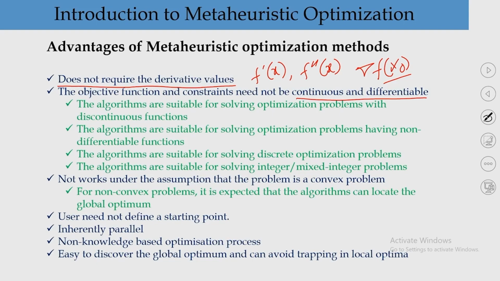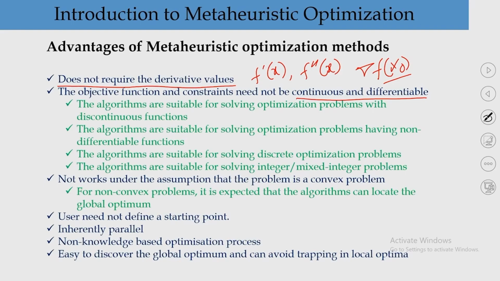So, the function can be a discontinuous function, discrete function, or non-differentiable function. You can solve the optimization problem having discontinuous function, non-differentiable function, and you can also solve discrete problems, integer problems, mixed integer problems.